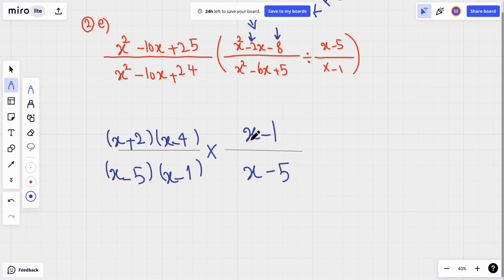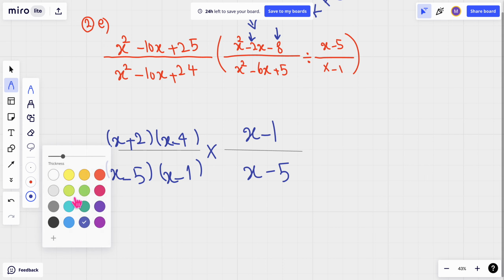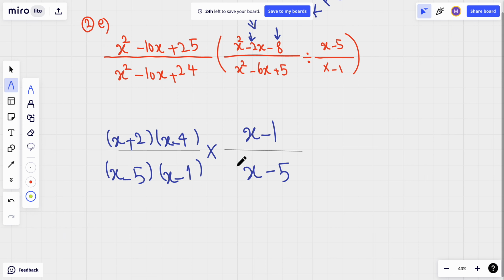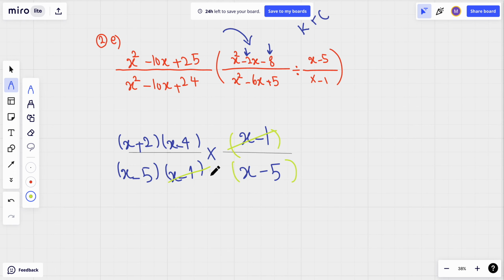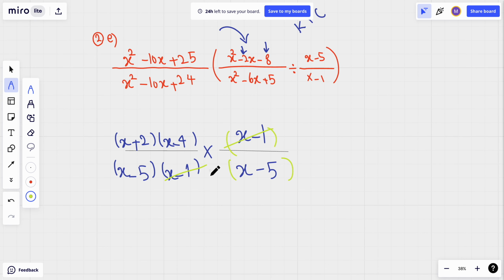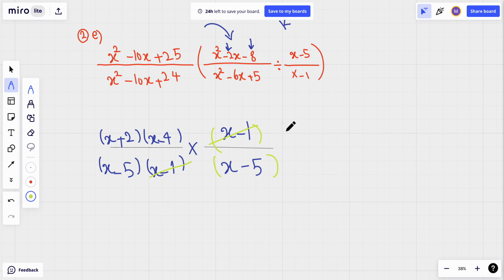Alright, what do I have here now? Two fractions. All the numerators have the potential to be simplified with any of the denominators. This x minus 5 over here, this x plus 1 over here, and very well, these two can be crossed off. I don't see anything else that has the potential of being simplified, so I'm going to leave it at this.